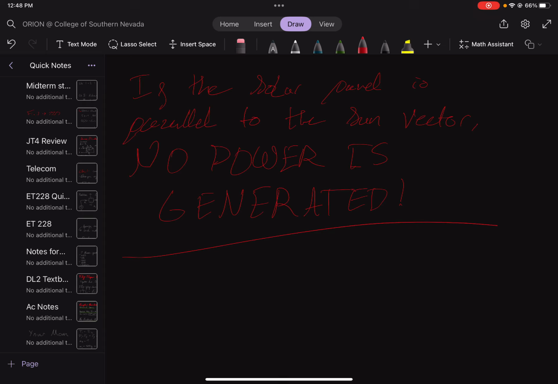And now for our final part of the question. What's the most optimal way to generate power? Well, the most optimal, of course, is going to be when it's perfectly perpendicular to the sun's rays, as I said before.